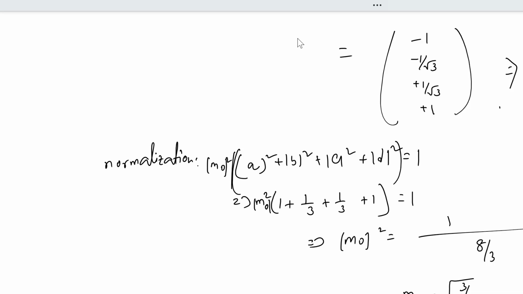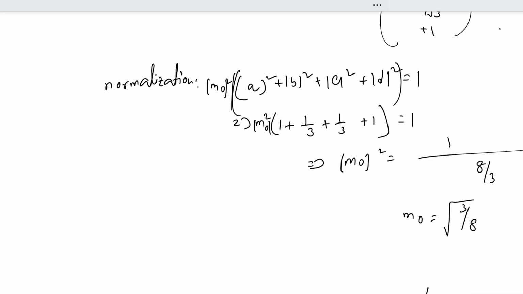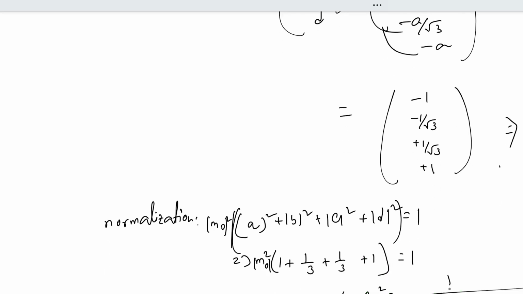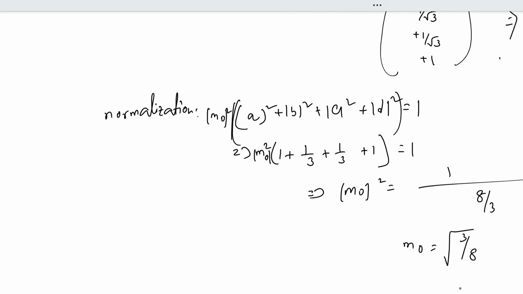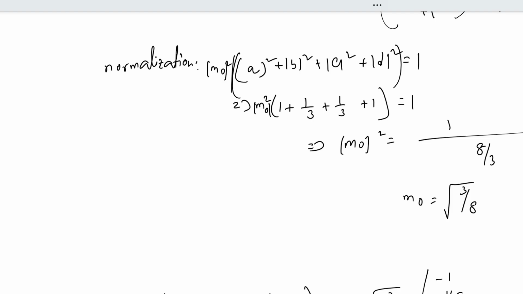A, B, C, D is basically minus 1 minus 1 by root over 3 plus 1 by root over 3 plus 1. So this is 1 by root over of 8 minus root over 3 minus 1 plus 1 plus root over 3. So this is your answer. This is option number C you will have.